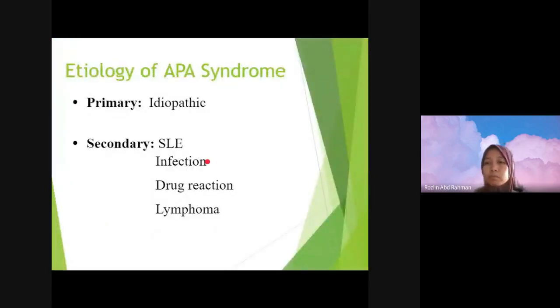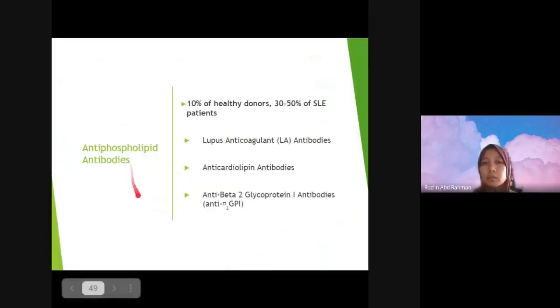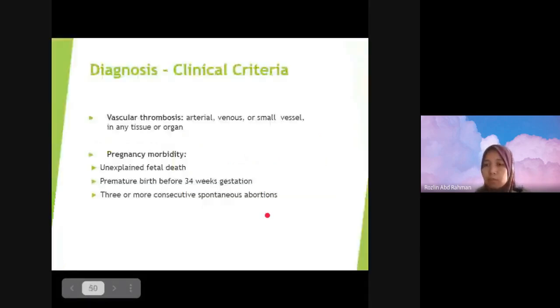Most cases of APA are idiopathic or secondary. These are some of the antibodies that can be detected. If we suspect APA, usually they have these antibodies: lupus anticoagulant, anticardiolipin antibodies, anti-beta-2 glycoprotein antibodies.